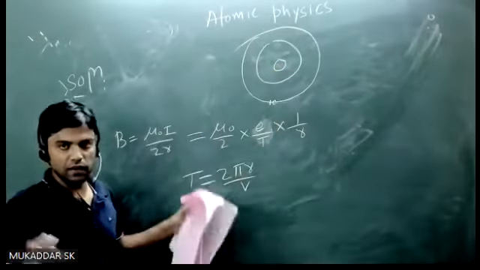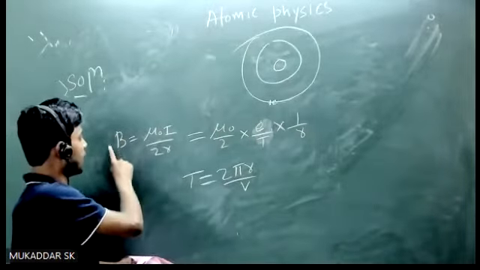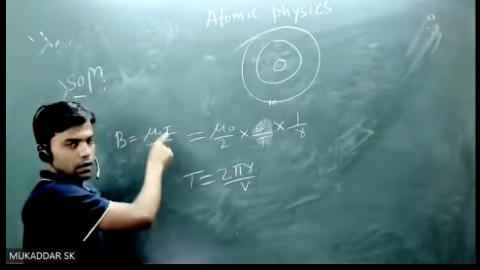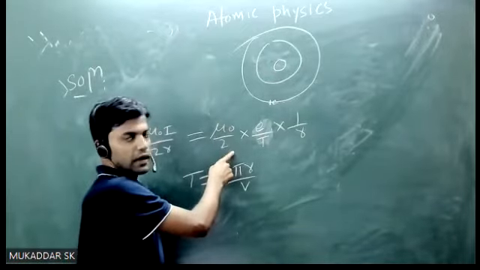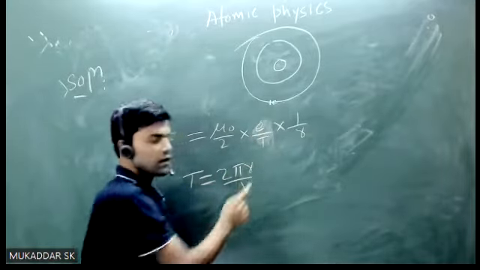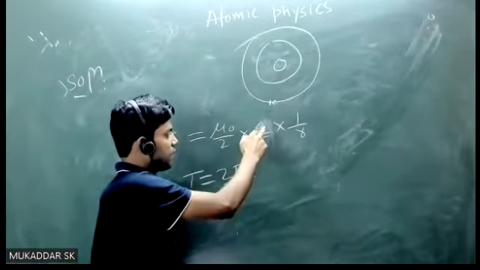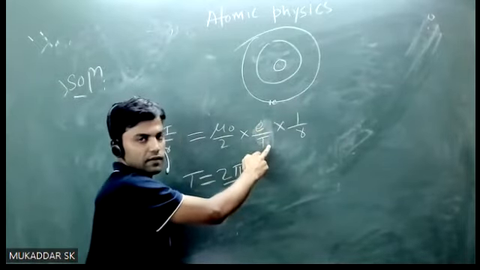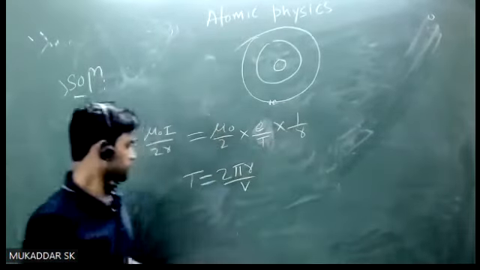According to the basic theory of electromagnetism, the magnetic field at the center will be mu naught I by 2r. Since mu naught by 2 is constant, we keep it as it is, and current is the rate of charge flow. For this orbit, you can write it as e by T, where T is the time period, and 1 by r.